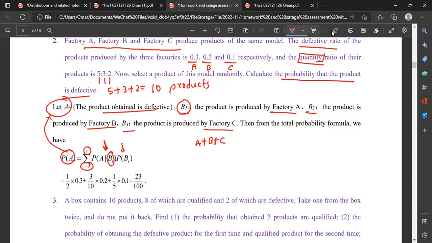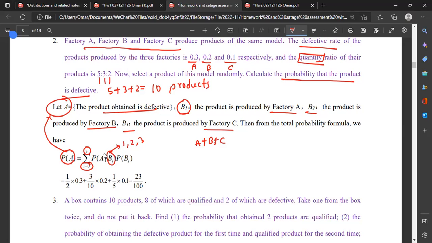What it means? Bi means the product is produced by the first factory. Okay, so here Bi means B1, B2, and B3, so we have to add them together.